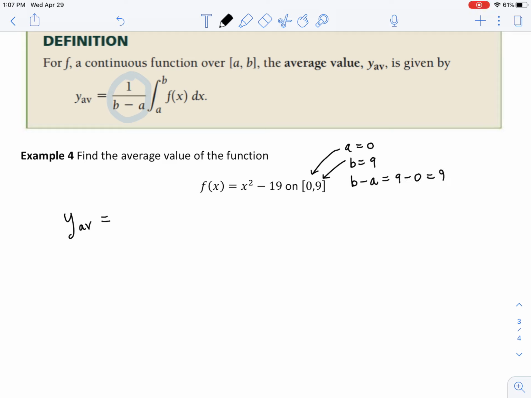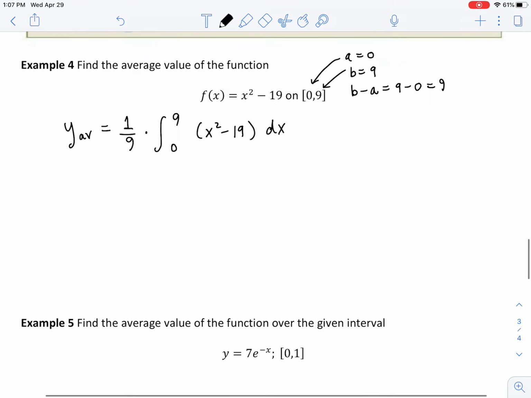And b is 9. So b minus a equals 9 minus 0. That's 9. It's basically the length of this closed interval. So you're going to have a fraction of 1 over 9 times the definite integral from 0 to 9 of that function, x squared minus 19 dx.